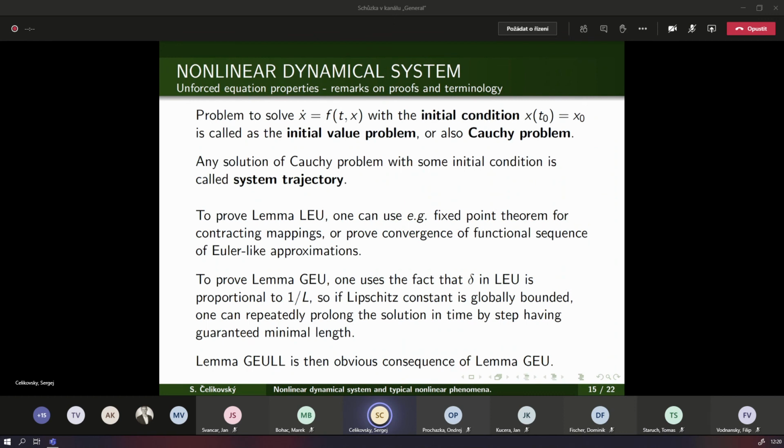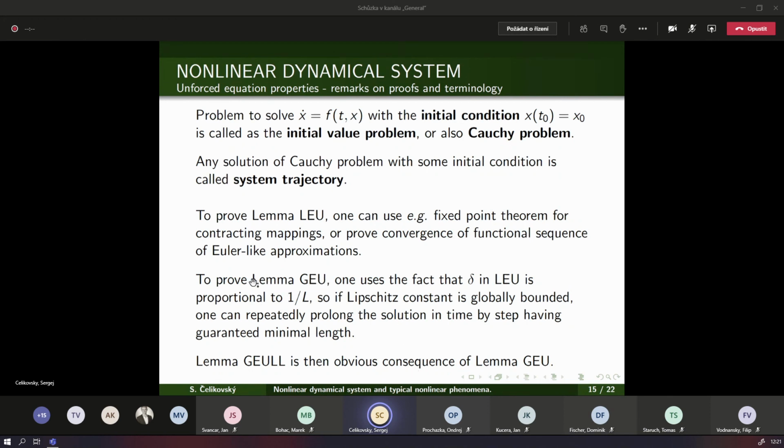Or a good proof, I remember from my university when I was a student, was just that you take Euler-like approximations of solutions, and then you prove that if you send the step of the Euler-like approximations to zero, they converge to something, and this is the solution, and so on. So I think there is no time in our course to go deeply into these mathematical proofs.